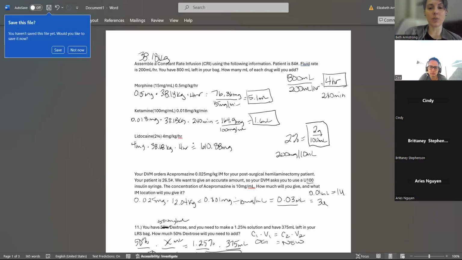Compared to if they said 2 milligrams per ml, that could throw you off. So just know that it might not be in the most simple form, but it's still equal to that.